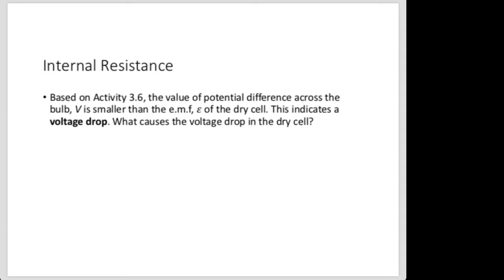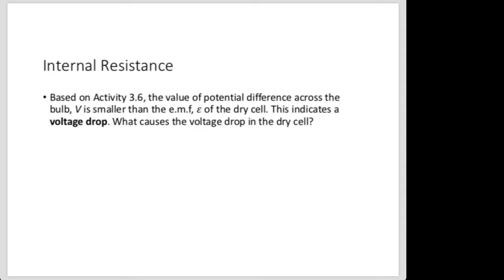But when we put it in a circuit and then we measure the voltage across 2 points, let's say across a bulb, we find that the potential difference across 2 points somewhere in the circuit is actually smaller. So meaning to say somewhere along the circuit, the voltage goes down. The voltage is reduced or there is a voltage drop.